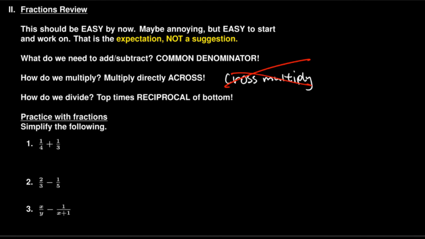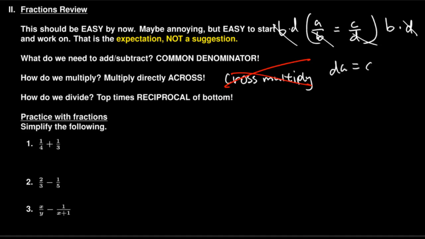What it actually means is if you have this, and then you multiply across like that, that's what cross multiplying is. And the only reason you can do that is because you're going to multiply b and d on both sides to cancel out the b's and the d's, so that you have d times a and c times b.